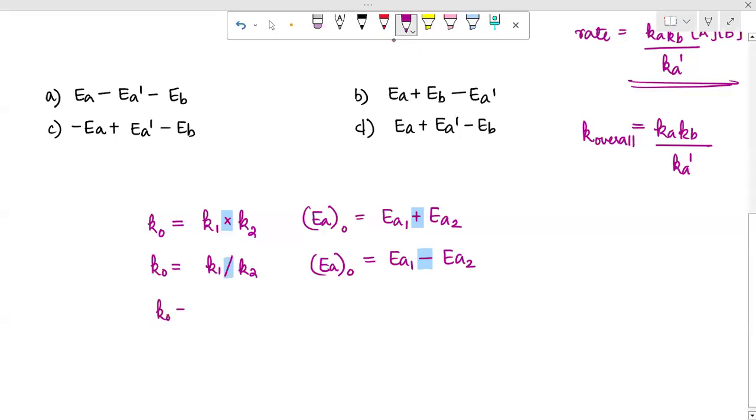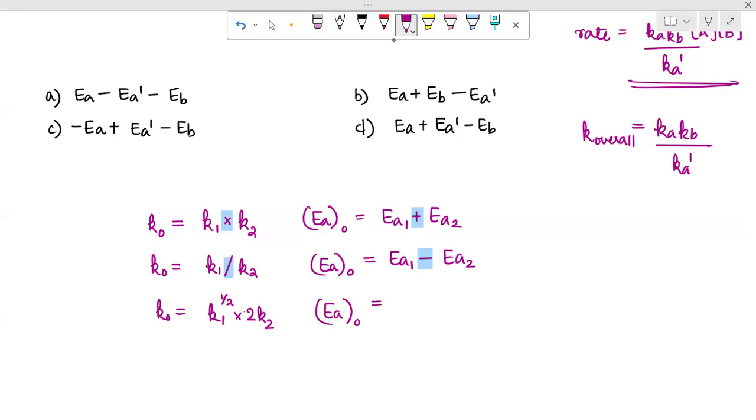And last one, if you have powers, for example, if you have K1 to the power 1 by 2 into K2. In this case, what you have to be careful of is whatever power is there. So now power is only applicable on K1.